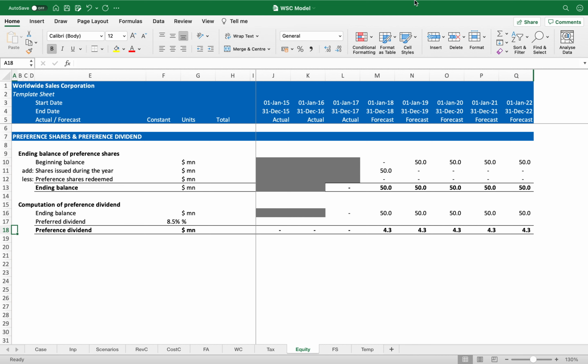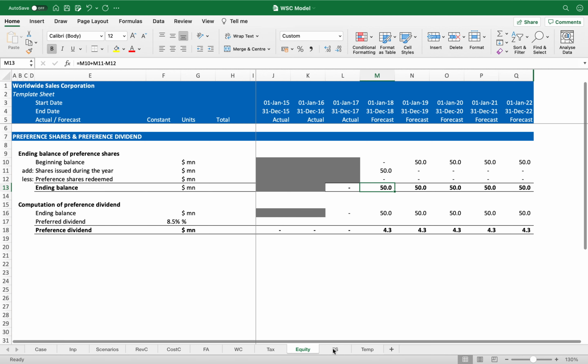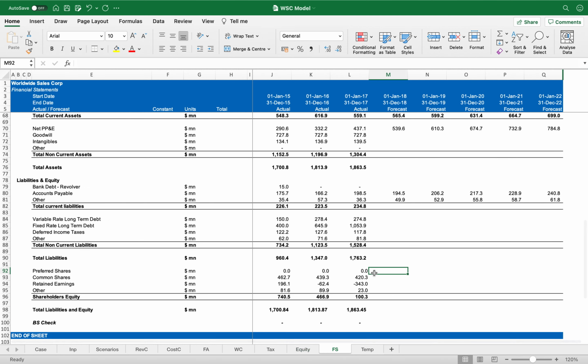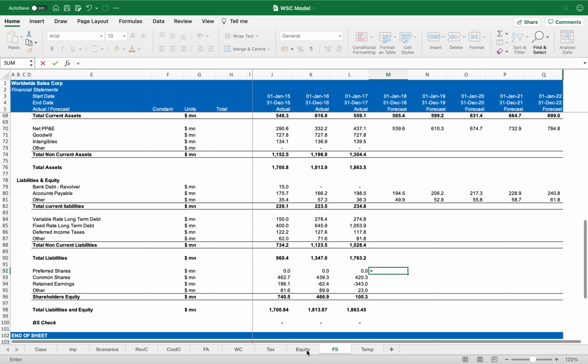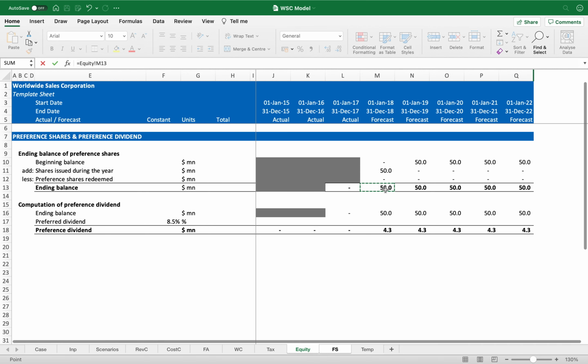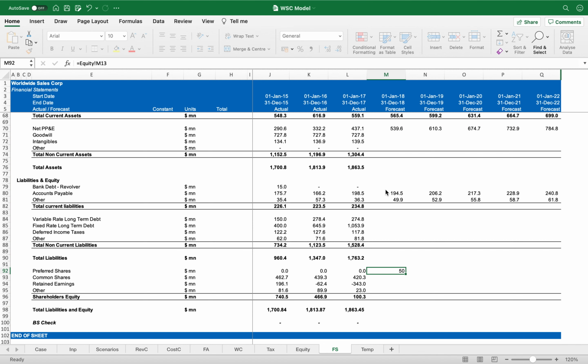All right. So now let's see where we can link these things that we have computed. The ending balance of preference shares I need to link to the financial statements. So preferred shares in the balance sheet will now be linked to my computations. Be very, very careful when you're linking, guys.